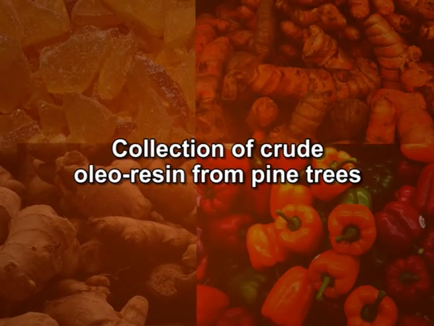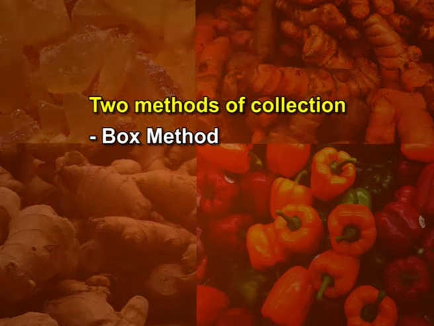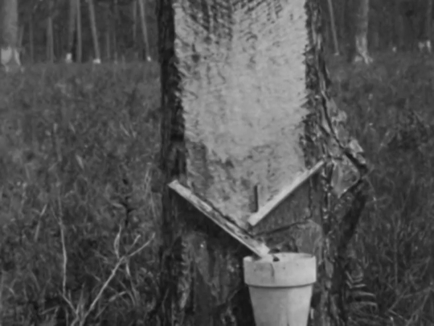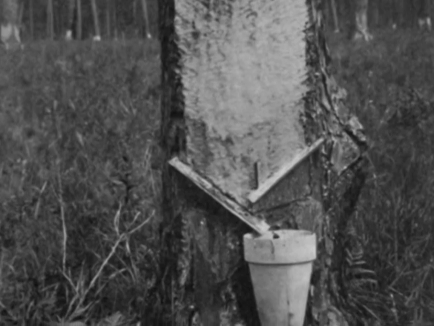Now, coming to the collection of the crude oleoresin from pine trees. For collection of the oleoresin from the pine trees, 2 methods are commonly used. The first method is a box method, and the second method is a cup and gutter method. It is important to note that the cup and gutter method is more prevalent at present.